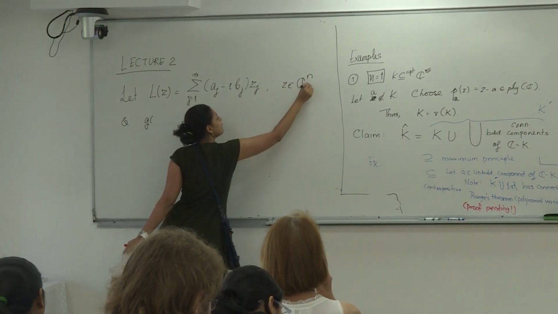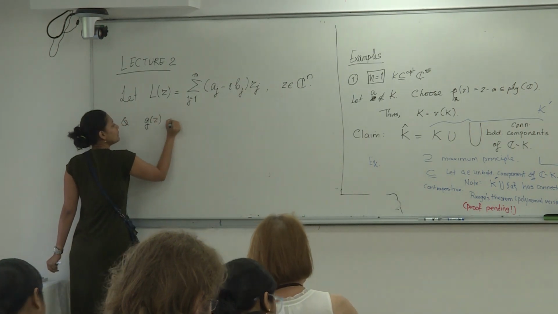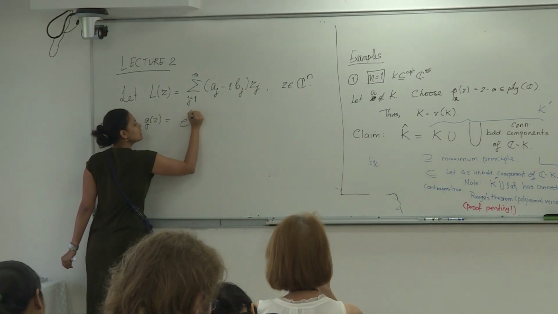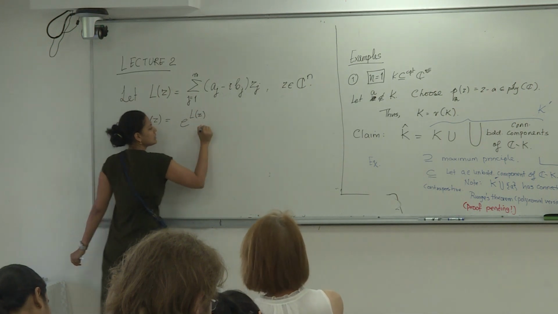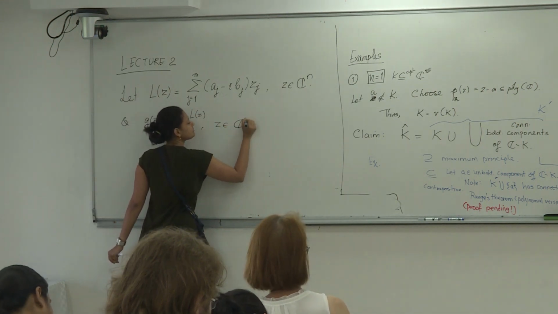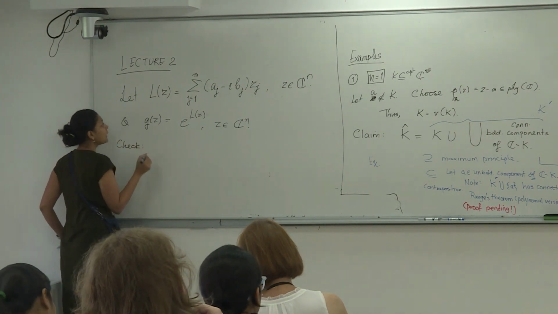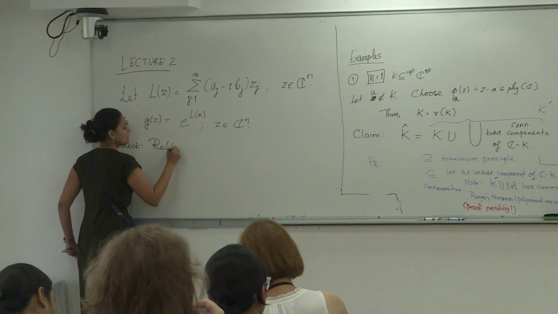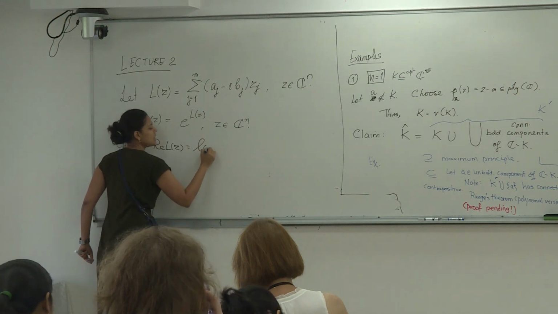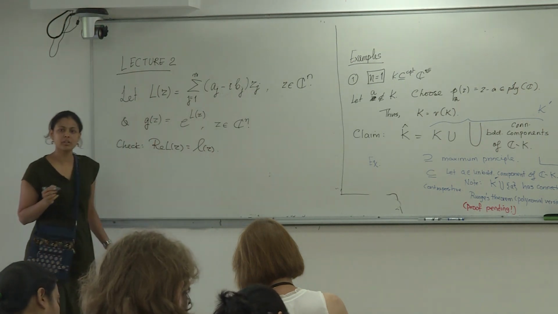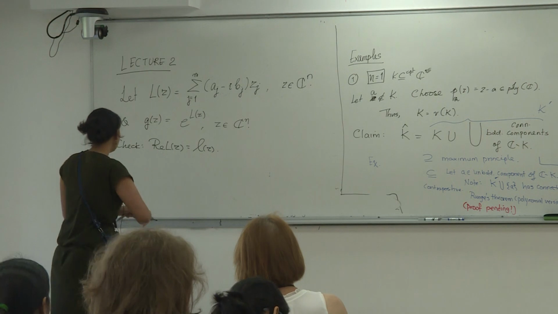So it's globally defined, and I will define an entire function e to the L(Z). Okay, so then check, this is quite quick, that the real part of L(Z) is actually this real linear function that we had constructed.